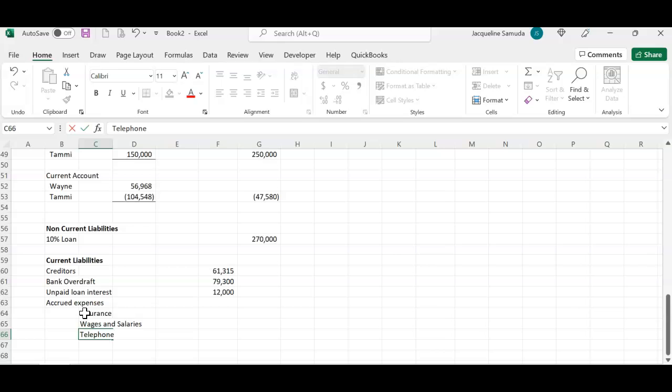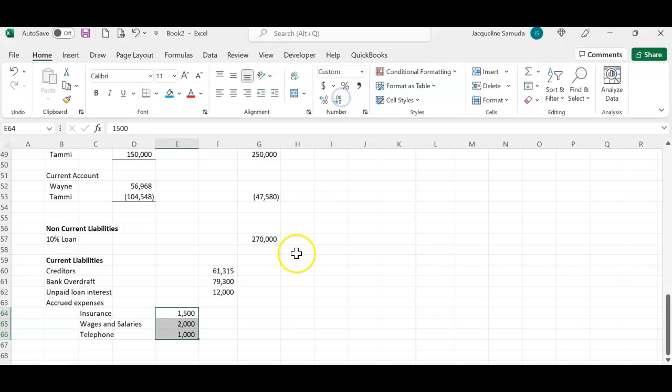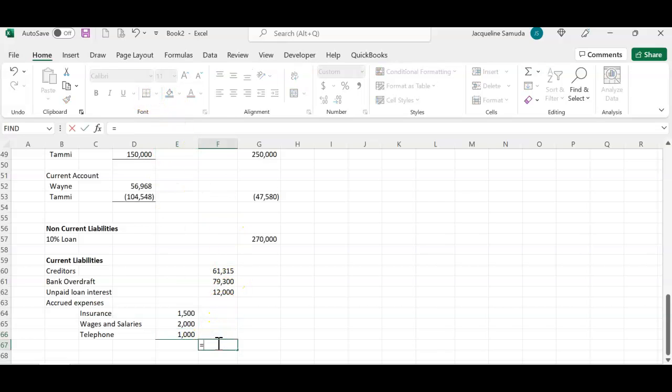Insurance was 1,500, wages and salaries was 2,000, telephone was 1,000. So the combined figure for accrued expenses, meaning monies that are still owing on these expenses, came to $4,500.